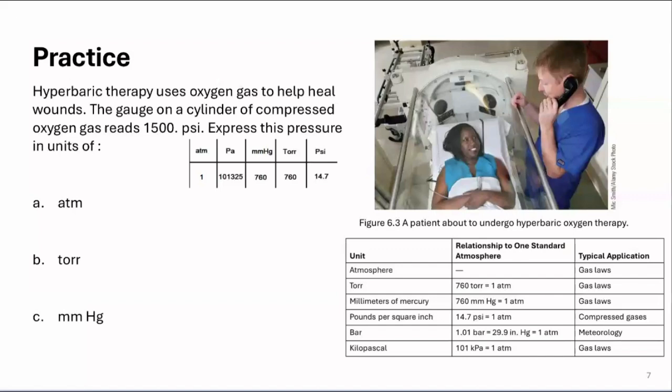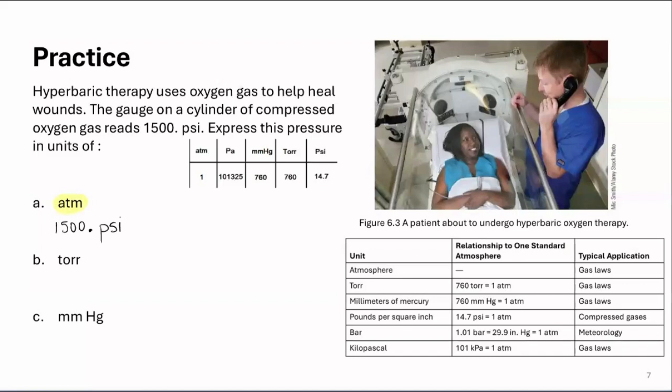So let's first do the conversion between PSI to ATM. We write the measurement given, which is 1500. PSI. In order to do this conversion between PSI and ATM, I'm going to highlight the conversion factor.